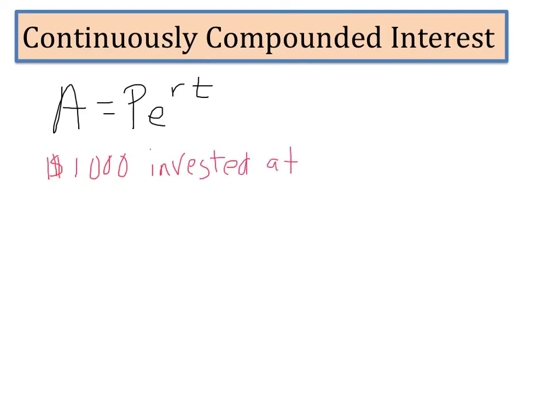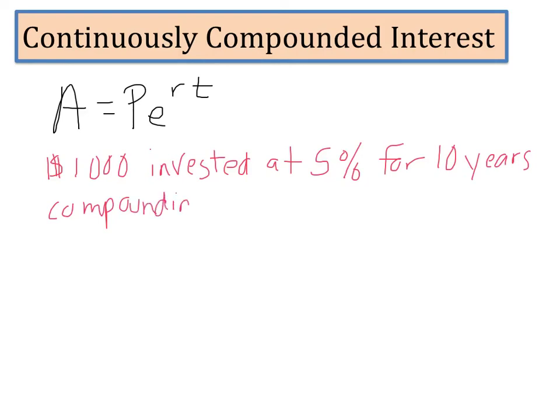It was invested at 5% for 10 years, and it was compounding continuously. We want to know what's the total amount.